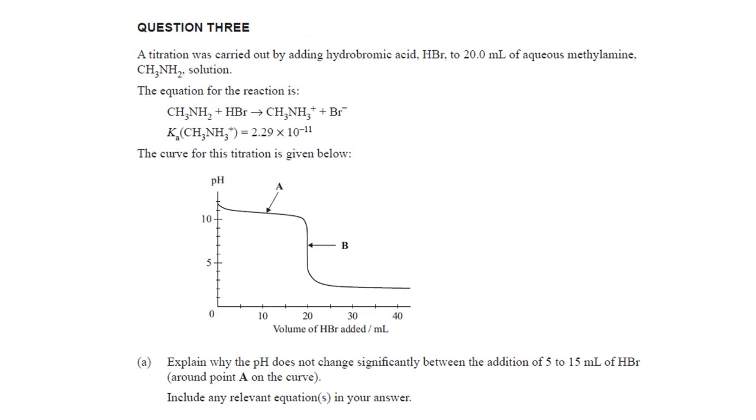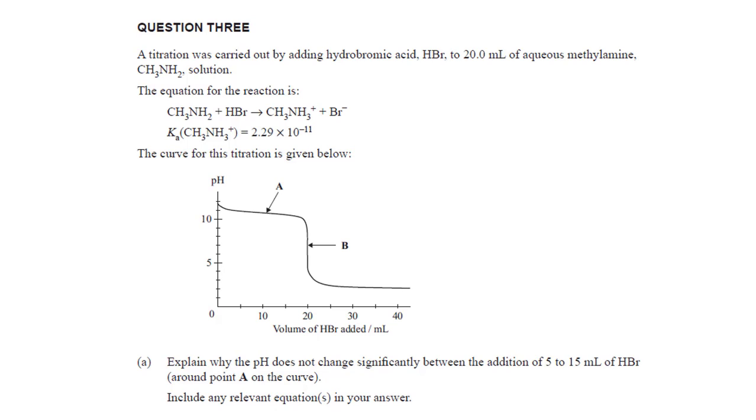Okay, last question, question 3. So this is a titration question, and it tells us that a titration was carried out by hydrobromic acid, HBr, to 20 ml of aqueous methylamine CH3NH2 solution.